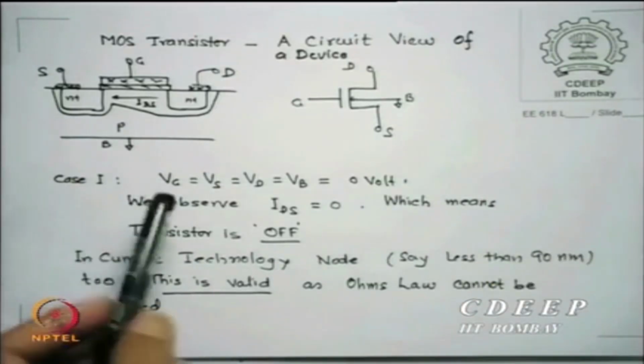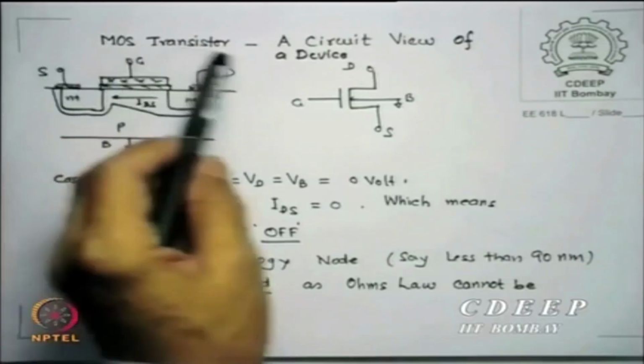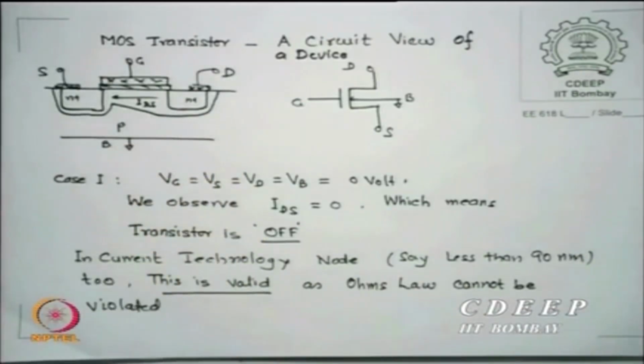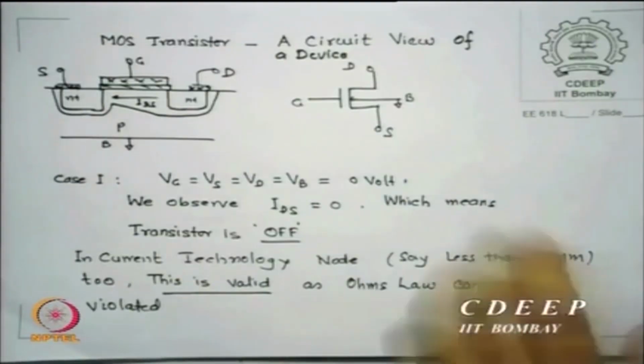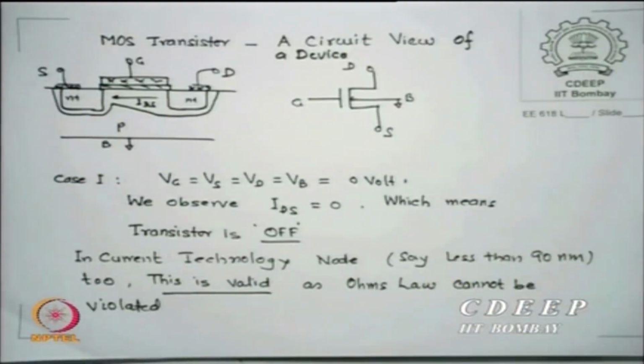So case 1: Vs, Vg, Vd, Vb are all zeros. If everything is 0, there is no current between drain and source irrespective. No current means no current, because Kirchhoff's law says if there is no source there is no output. Unless of course you count noise, but otherwise, if everything is grounded, no outputs, everything is 0.